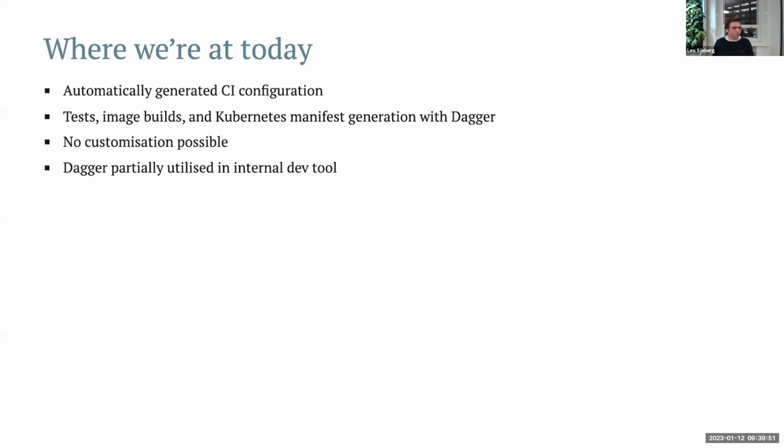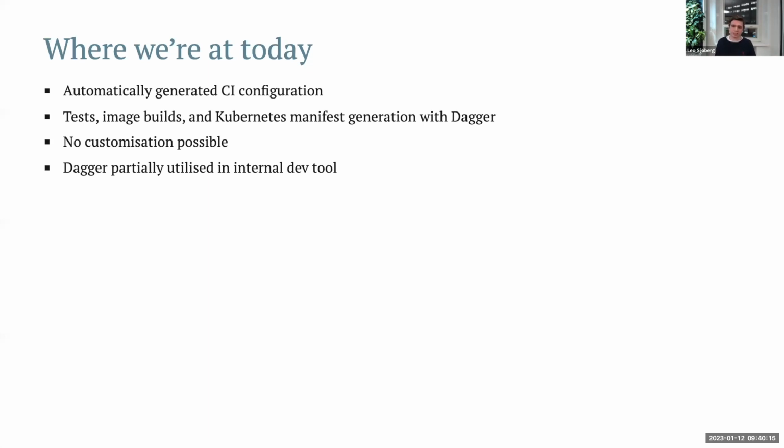So right now, today, we automatically generate our GitLab CI YAML. We do that because of some limitations in Dagger, mainly around distributed processing. So if we had to run pipelines for 15 services at once, we want to be able to distribute that across multiple nodes.